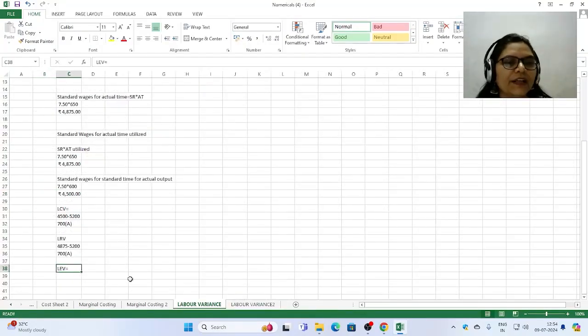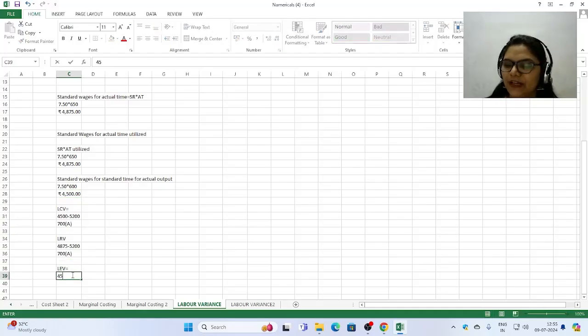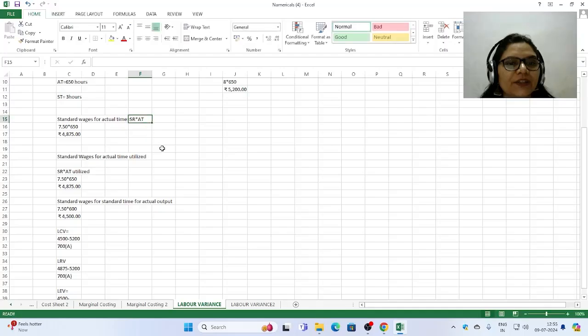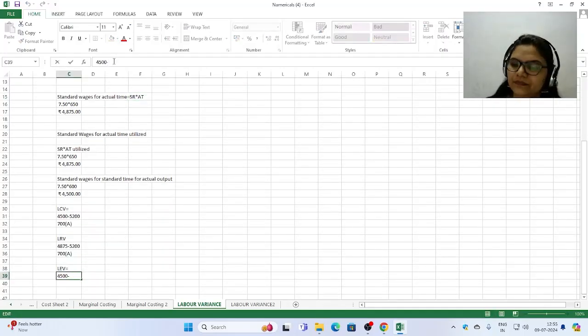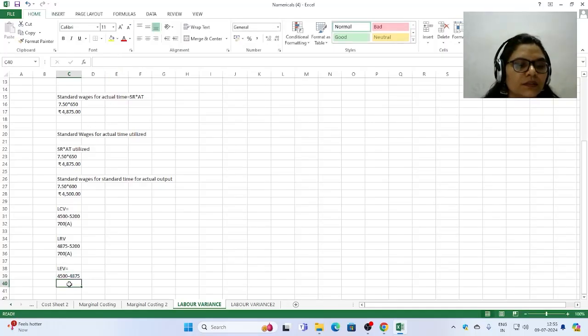So standard rate into standard time we have calculated as 4500, minus standard rate into actual time, which is 4875. That gives $375 adverse.